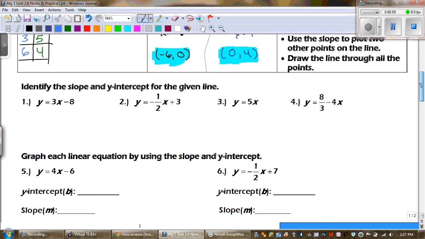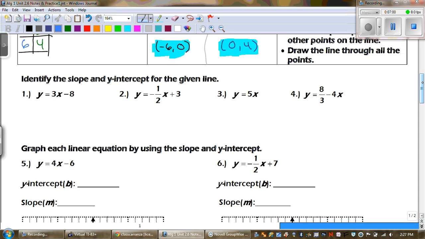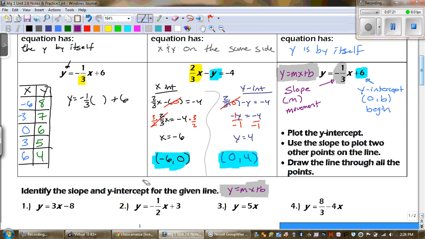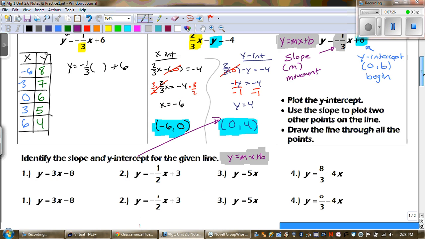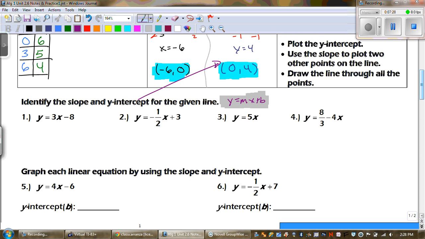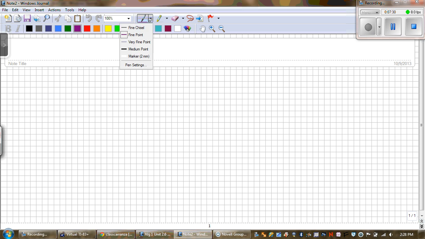Now, before we get started though, let's just practice identifying the slope and the y-intercept. All right, remember that y equals mx plus b. So the first thing I want to do is find the y-intercept. And we did it right here. For the y-intercept, we let x equal 0. I'm going to do it on another sheet of paper.